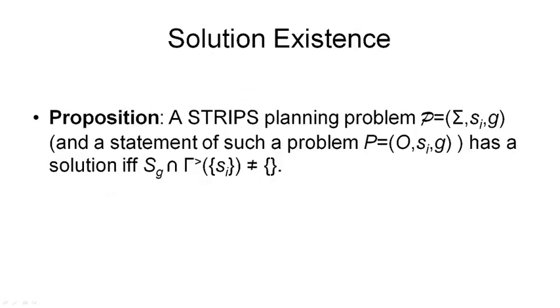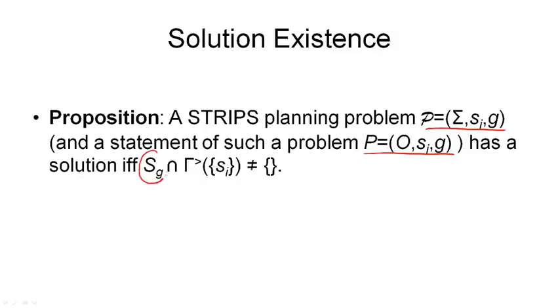And here is why I've given you such a complex definition. Because with this definition, I can very simply state when a planning problem has a solution. So we can state that a STRIPS planning problem, defined by a state transition system, initial state and goal, or a statement defined by the operators and the initial state and the goal, has a solution if and only if the following holds.